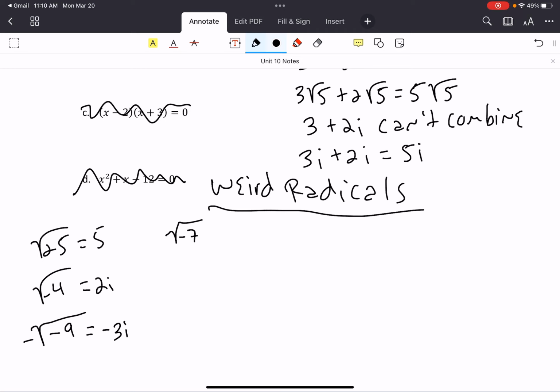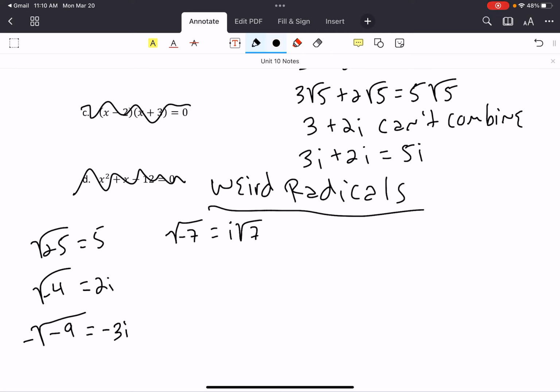No, because there's no fraction here. Maya? Is it i square root 7? Yeah, good job. I square root 7. The 7 is prime, so it can't simplify, but the negative inside the square root means I can still take the i out.